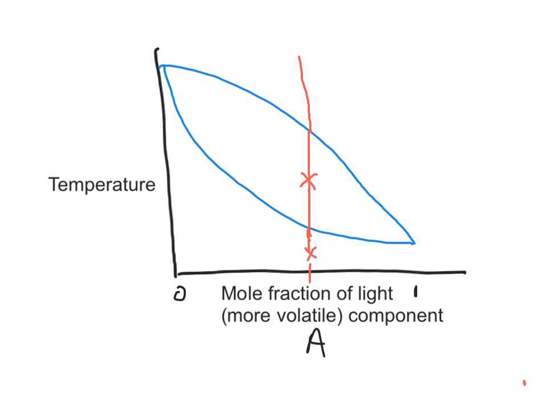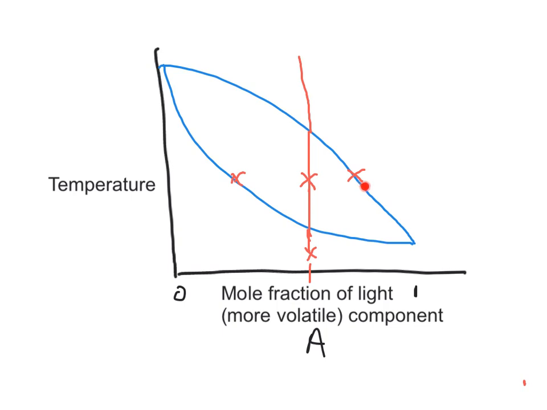Well, to get the mole fraction of the vapor, what we do is we read over here across. So let me just put a little mark there. And to find out what the mole fraction is in the liquid phase, we read over here across. And so these points on the saturated vapor and the saturated liquid lines tell us the concentrations in the vapor and the liquid phase.